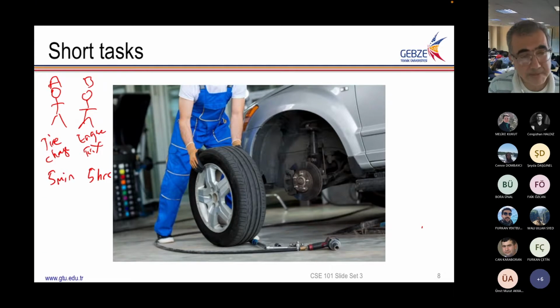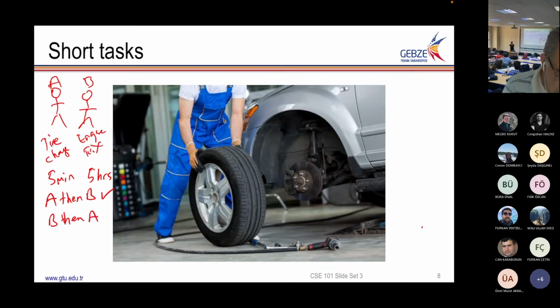And if A arrives before B, will you say that A was first? Probably yes, because it was a tire fix. If it is A, then B, that's okay. But B and then A, you have a problem, because since it's going to take 5 hours to fix the car of B, the tire change will wait for 5 hours rather than 5 minutes.